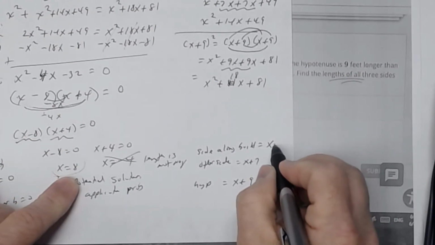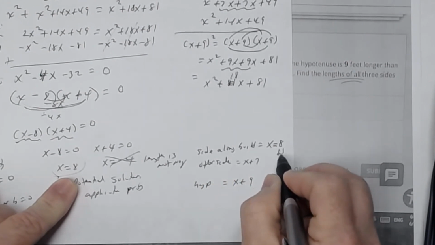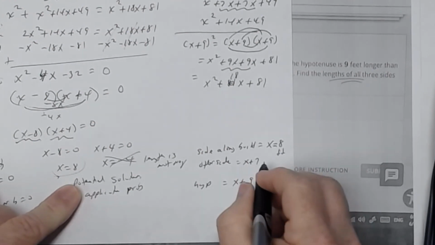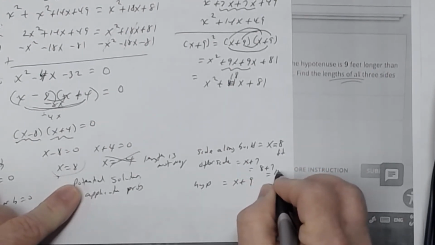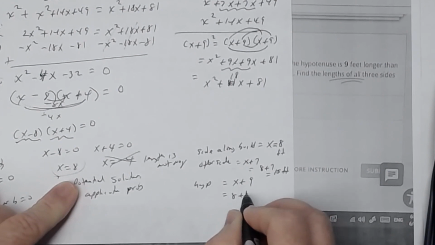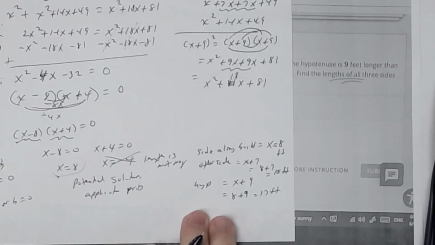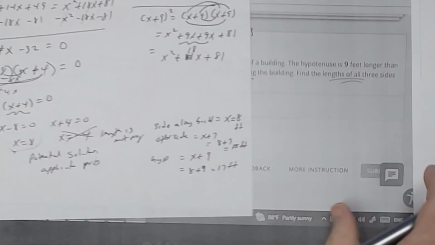If x is 8, then the side along the building is 8 feet. Then the other side would be 8 plus 7, which is 15 feet. And then the hypotenuse would be 8 plus 9, which is 17 feet. So there's the length of the three sides.